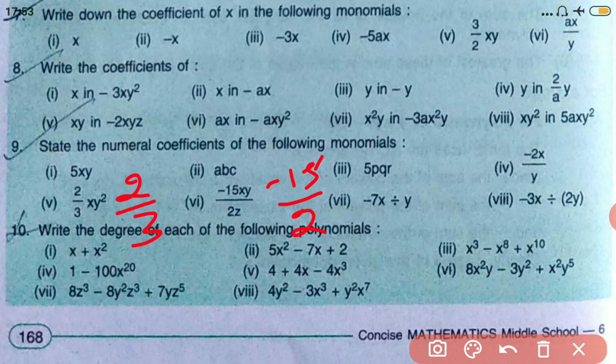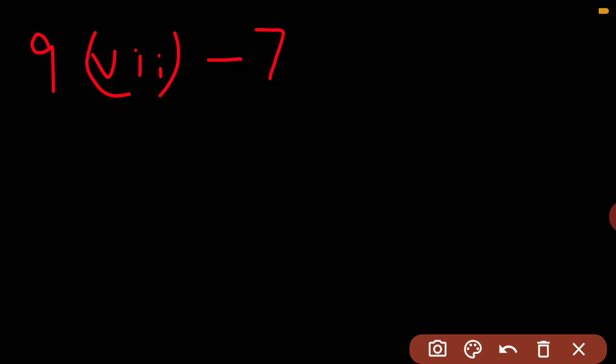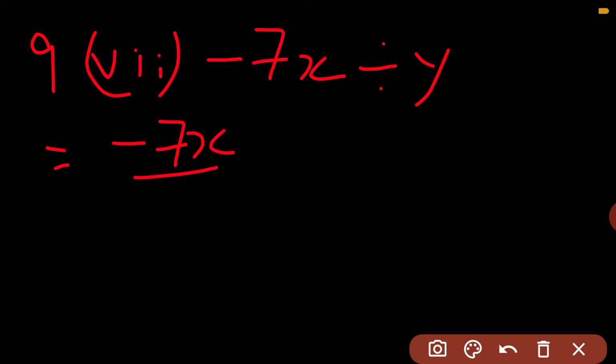What is the numerical coefficient of minus 7x divided by y? Let's try to solve this. Number 9.7. Here we are supposed to find the numerical coefficient of minus 7x divided by y, which can also be written as minus 7x upon y.